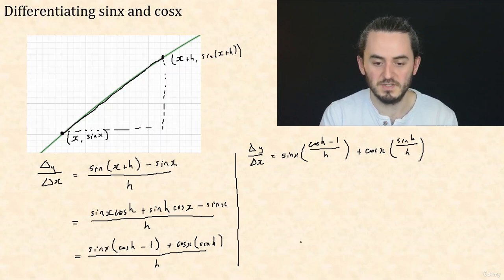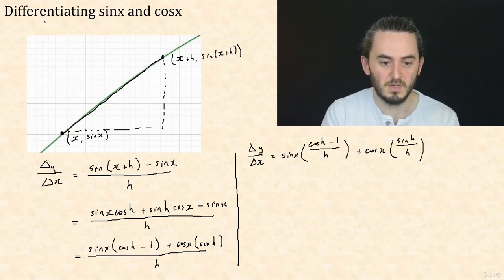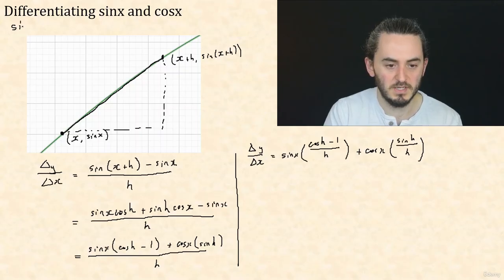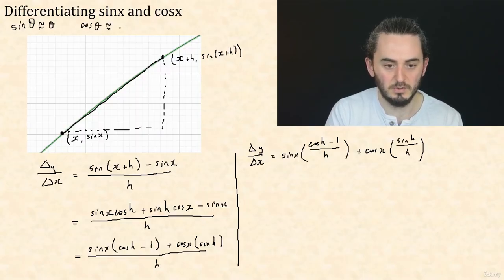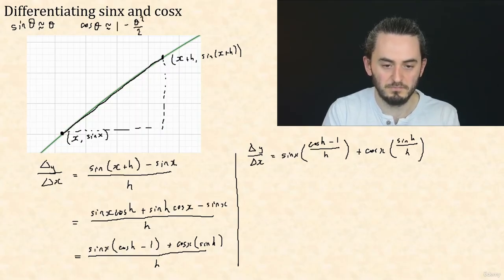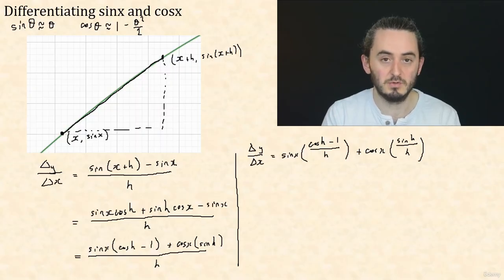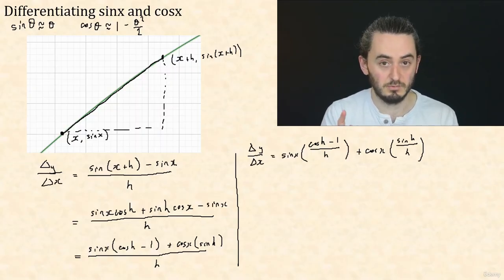So remind yourself what these small angle approximations are. We've got sine of theta is approximately equal to theta when theta is really small, and we've got cos of theta is approximately equal to 1 minus theta squared over 2. Remember, and this is important, small angle approximations only work in radians.